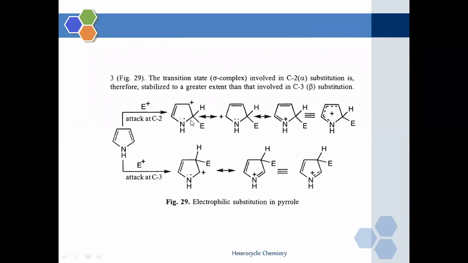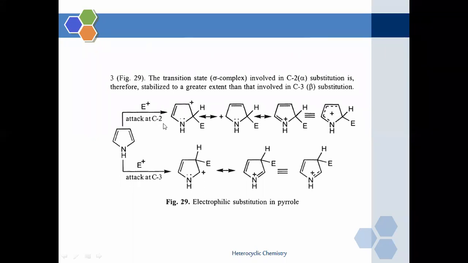See, position number 2 and position number 5 are alpha towards the nitrogen atom of the pyrrole ring. ज्यावेळी if the 2nd position is already occupied by the electron releasing functional group, then in that case a substitution will happen at the carbon number 5 position.